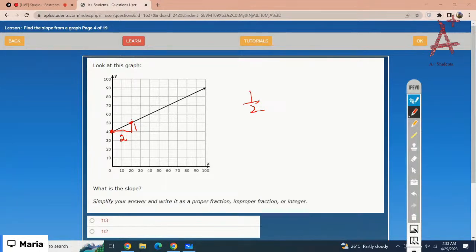You can simply just select any 2 points, see the change in y and change in x. Or either you can use the method for the coordinates one. Got it? So the correct option is 1 over 2.